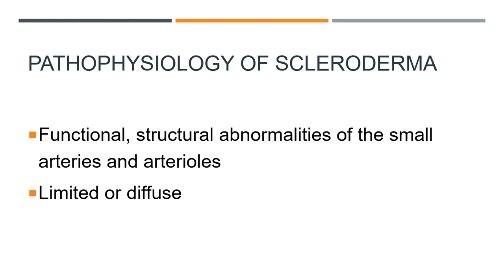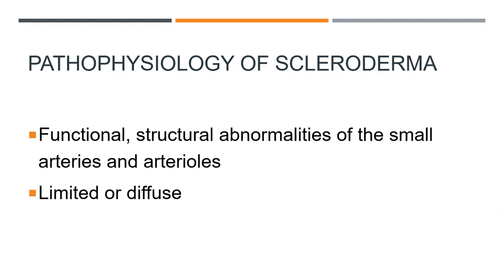The next type is limited scleroderma. With limited scleroderma, the skin thickening is limited, hence the name, to the distal extremities and the face. The third type is localized scleroderma, and with localized scleroderma, it's a specific area.